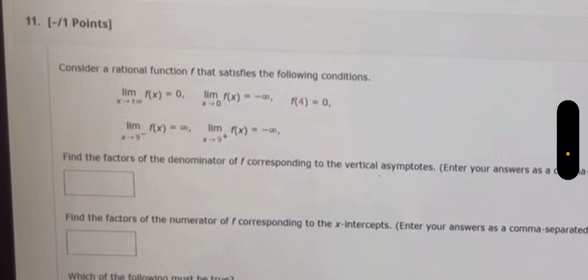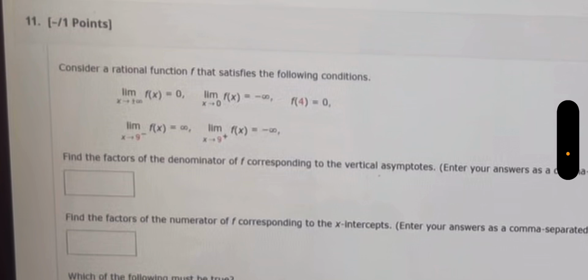Find the factors of the numerator corresponding to the x-intercepts. So the x-intercepts are going to be those values of x that make the numerator 0. All right. So then when x is 4, the corresponding y is 0. That's an x-intercept. So if that were in the numerator, that would show up as what?